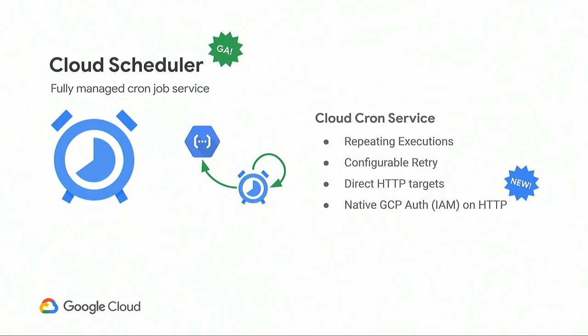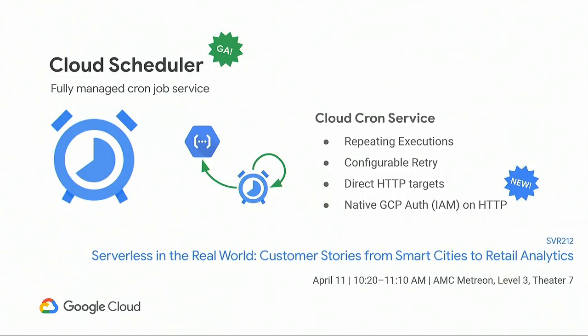So you could use Cloud Scheduler and Cloud Tasks to trigger something off Cloud Platform, just anything that's available over on an HTTP endpoint. And it also includes this authentication, which I'm going to talk about in a moment. And there's another session again on Thursday that uses Cloud Scheduler extensively.